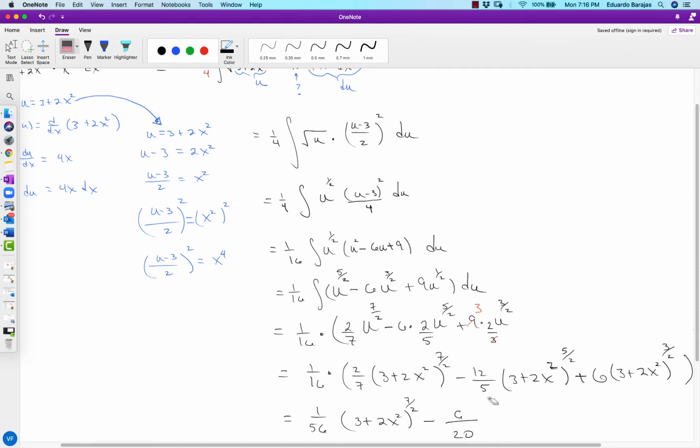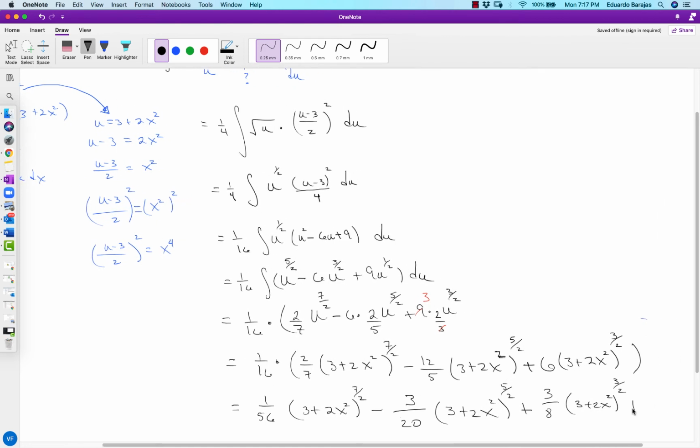So this one's a 3. And then this one is going to be 3 plus 2x squared to the power of 5 over 2 plus, and then 6 over 16. 2 goes into both of them, gives me a 3 divided by 8.